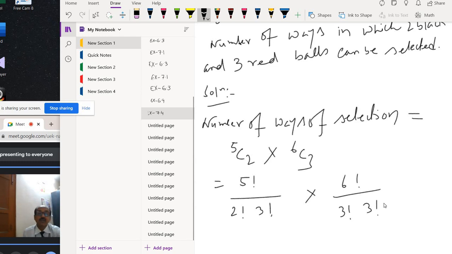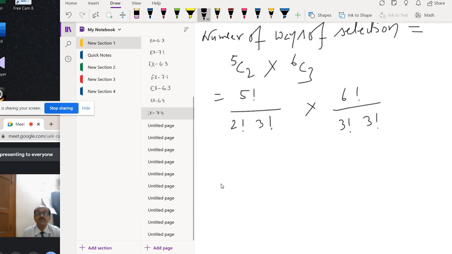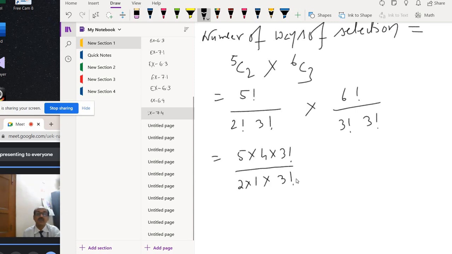Now 5 into 4 into 3 factorial by 2 into 1 into 3 factorial, into 6 into 5 into 4 into 3 factorial by 3 into 2 into 1 into 3 factorial.